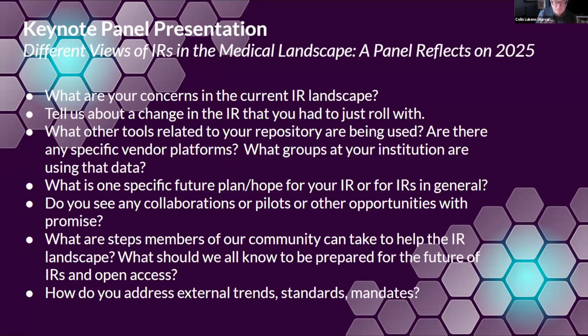There's a lot of talk right now about the trustworthiness of higher ed or of science, and so how do we position the repository as part of that? And also this idea of relevance, in the sense that there are a lot of competing places for these things.